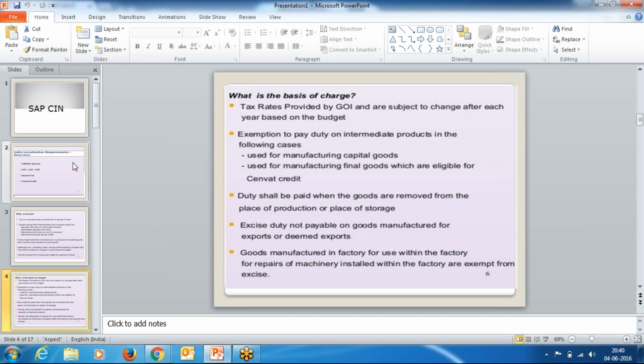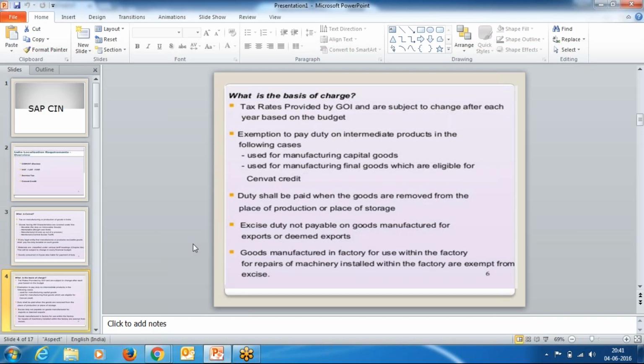Okay, like here I've written that there are some units which are considered as deemed units. Suppose you are producing something and your total production is being sent for export. These kinds of units, the government considers as deemed units, and deemed units are not liable to pay excise duties.